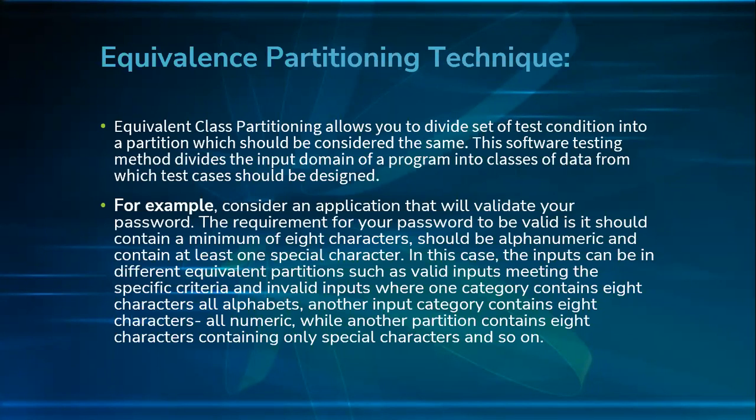We want to partition things into different places so that we can test each subset and know that, yes, we have fully tested everything. So equivalence class partitioning allows you to divide a set of test conditions into partitions which should be considered the same. This software testing method divides the input domain of the program into classes of data.